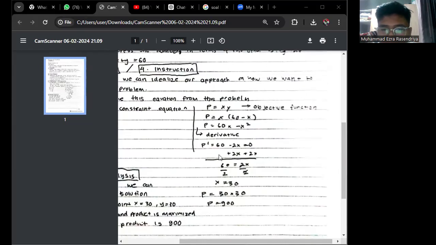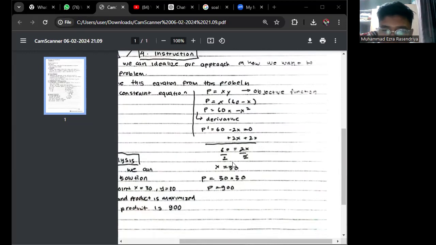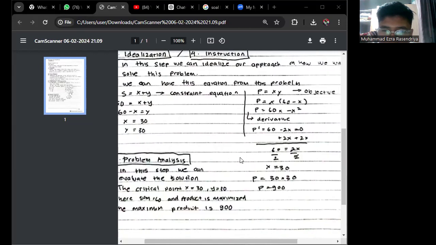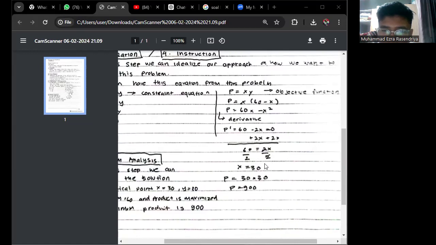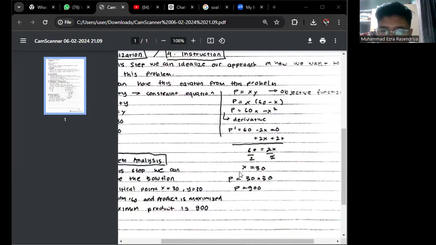Now we can eliminate the 2x by adding 2x to both sides, where we can get 60 divided by 2 equals 2x divided by 2, which gives eventually x equals 30.